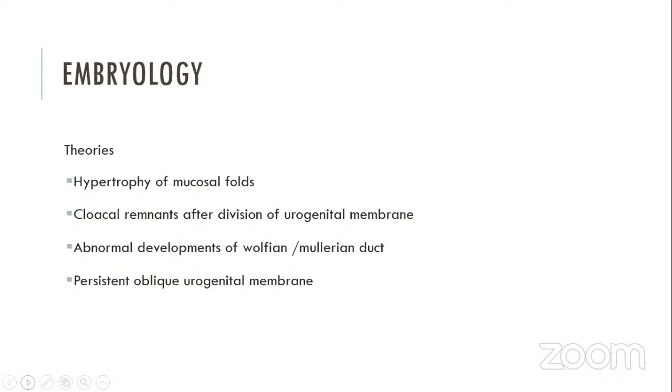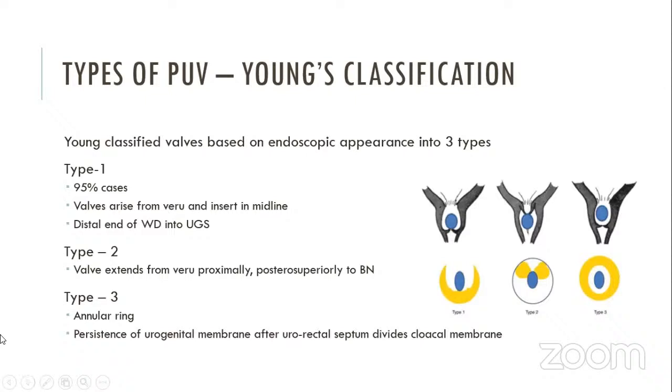There are three types by Hugh Hampton Young. Type 1 is most common, present in 95% of cases. It usually arises distal to the verumontanum and inserts in the midline. Type 2 is very infrequent, present proximal to the verumontanum and extending superolaterally up to the bladder neck. And type 3 is an annular ring, because of persistence of the urogenital membrane.